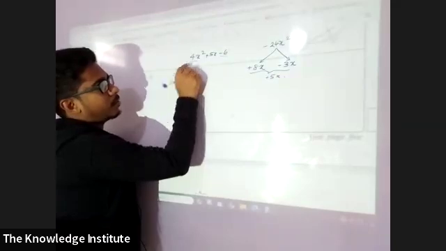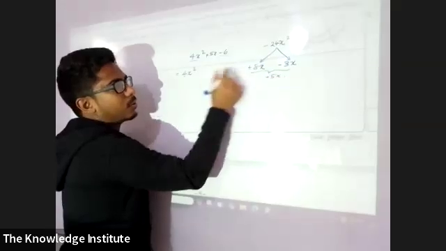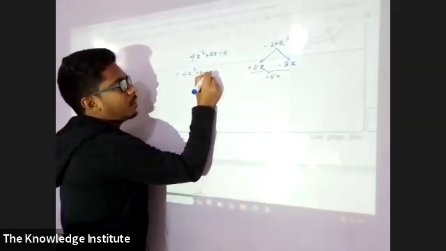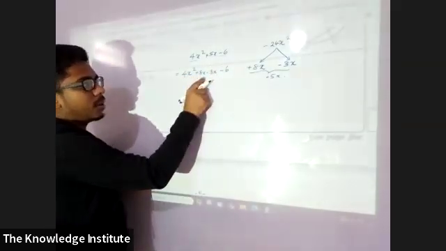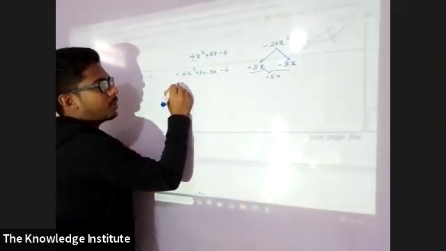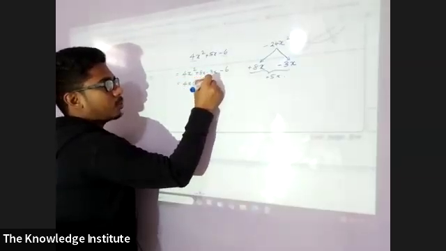Therefore, I can write 4x squared, and instead of plus 5x, I can use plus 8x minus 3x. In these two terms, take 4x out, then here x plus 2.